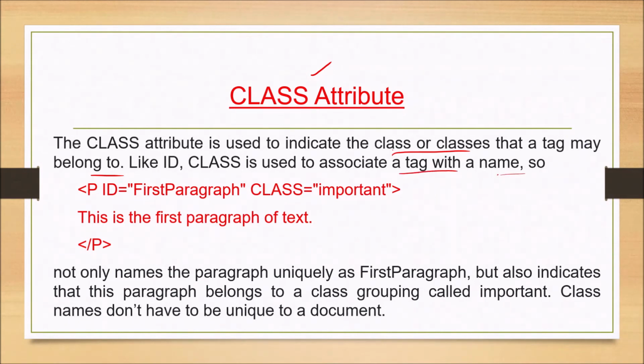So here is an example: for the paragraph tag, we are specifying ID, a unique name for this particular paragraph, first paragraph, and class equals important. The same class can be assigned to a number of elements, but the same ID cannot be assigned to a number of elements, because different elements can have a unique ID, a unique name.